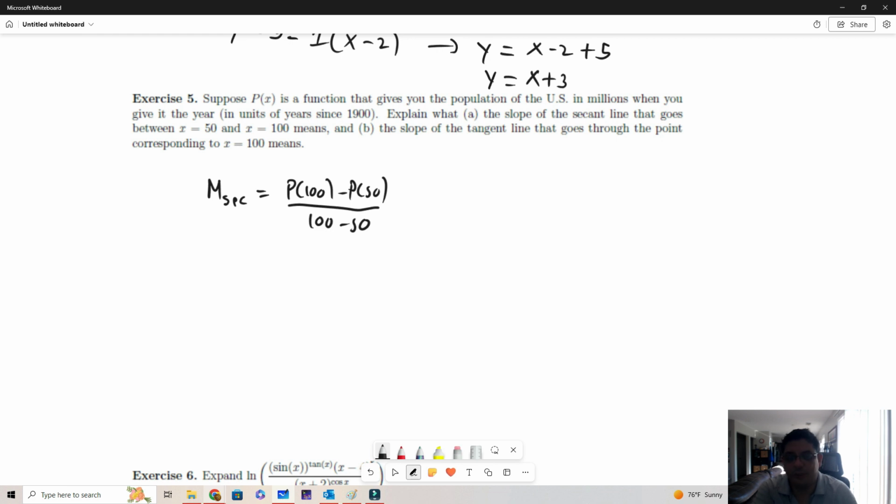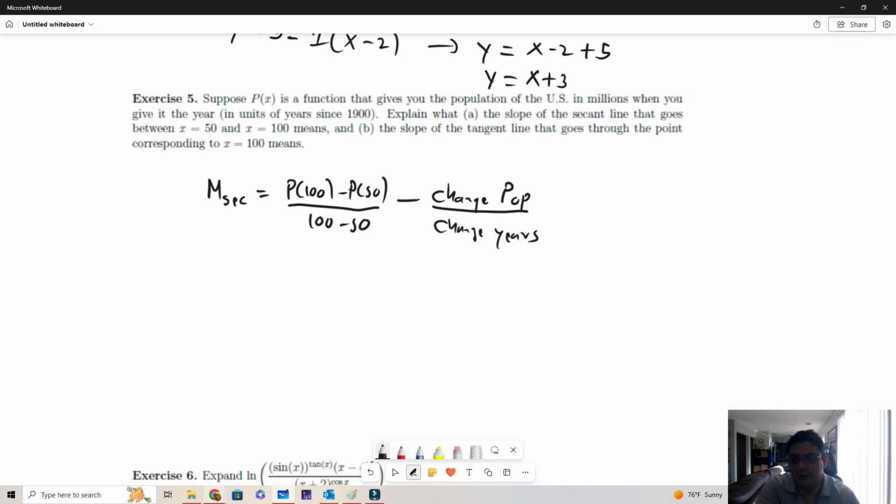We really don't need to know what this is in terms of the function. We just know that this is the change in the population over a certain change in years.